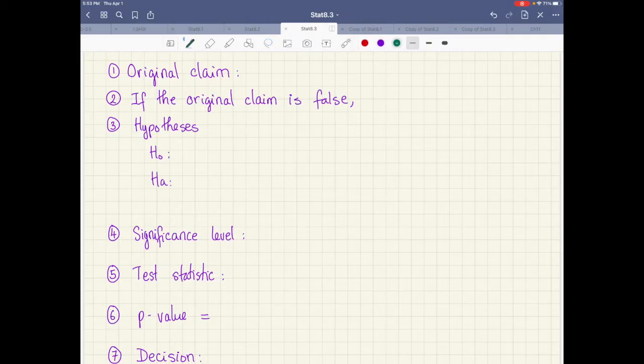If mu is less than 8 is false, that means mu is greater than or equal to 8. From these two, I will pick the one with inequality for my HA. And my H0 always contains the equal sign. HA contains less than, that means this is a left tail test.